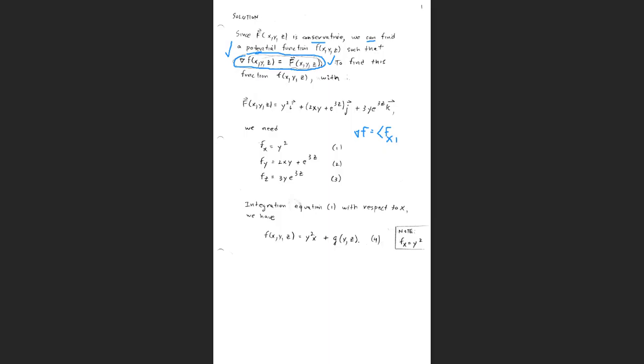It's the vector of partial derivatives of f with respect to x, y, and z. It's the vector with those components. Okay, let me see here. I have to do a little erasing.